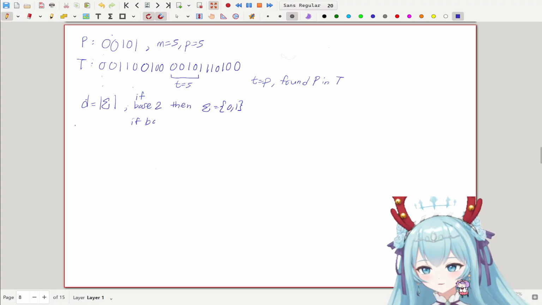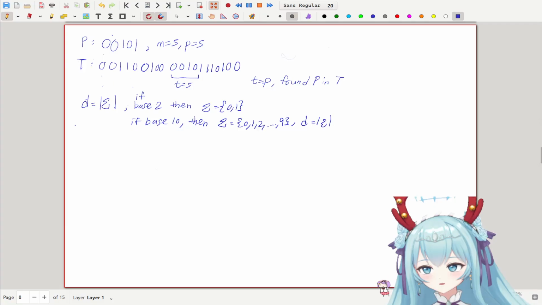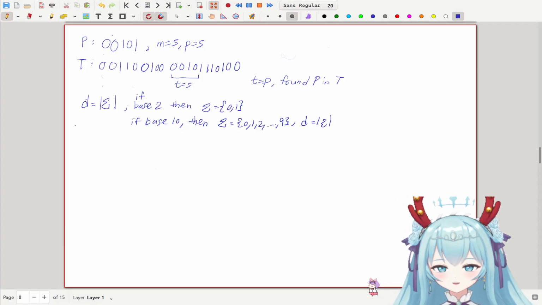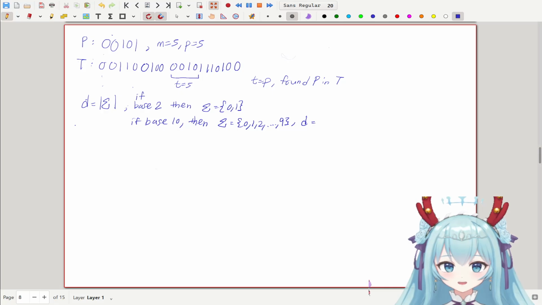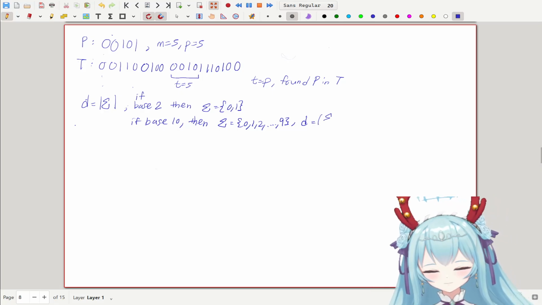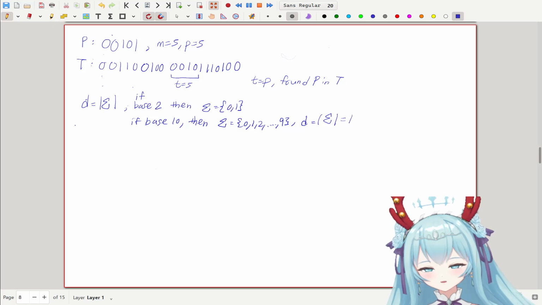If it's base 10, then sigma equals 0, 1, 2, and so on until 9. And that means D is equal to the cardinality of sigma, which is equal to 10.